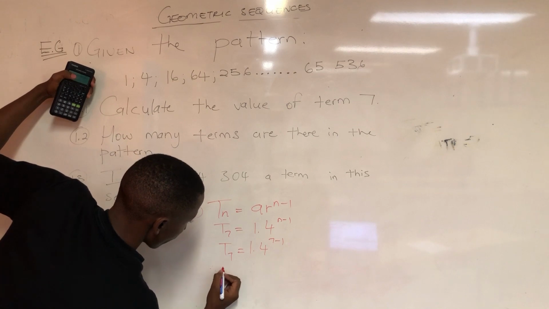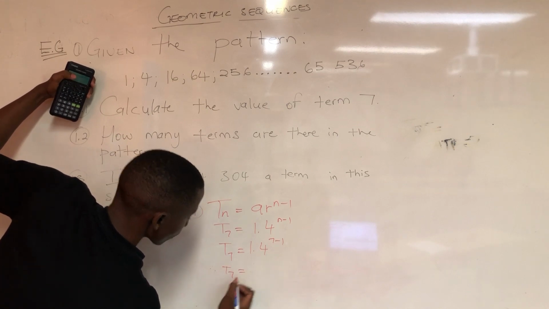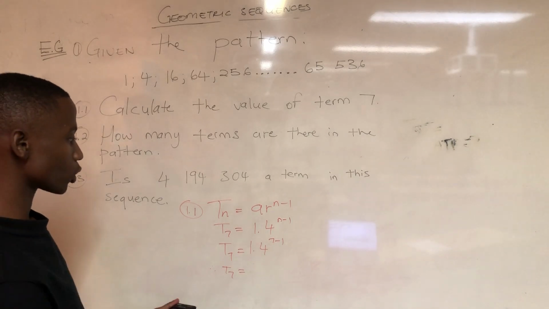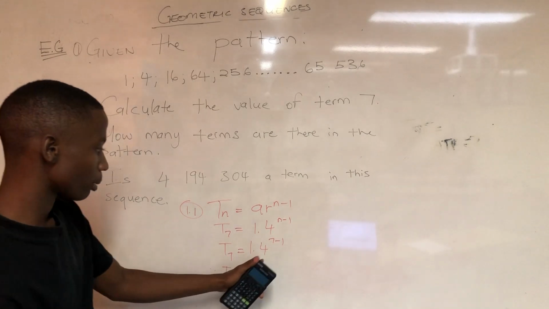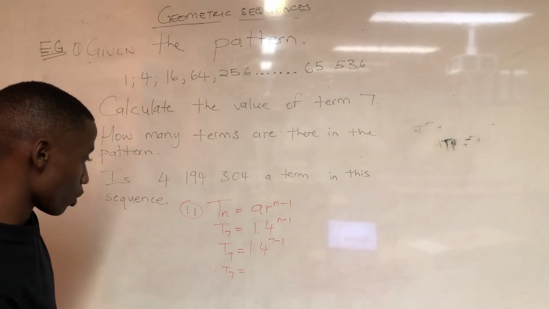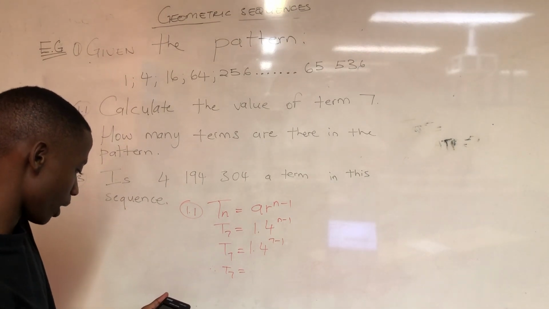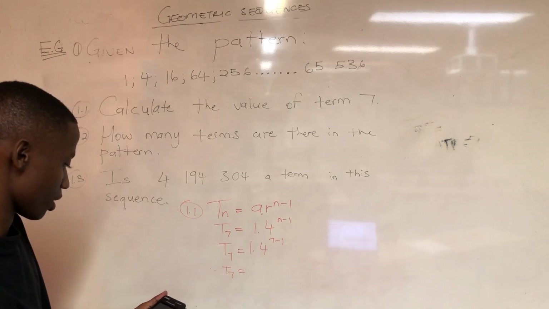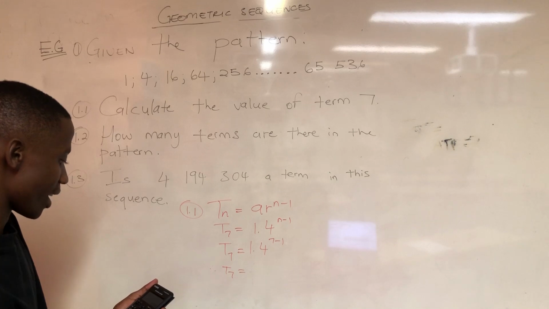And therefore, our term 7 will be equal to, you can press on a calculator, or you can just say 4 to the power of 6, because 1 multiplied by this will also give you the very same thing. So 1 multiplied by 4 to the power of 7 minus 1, so to the power of 6, which is 4096.